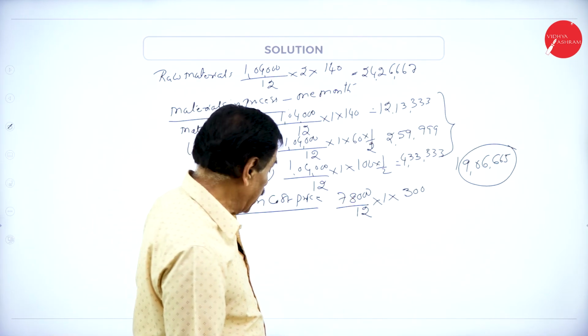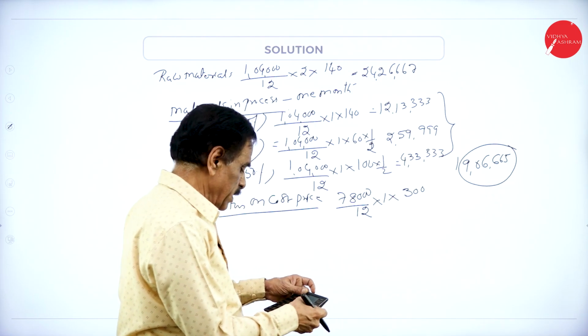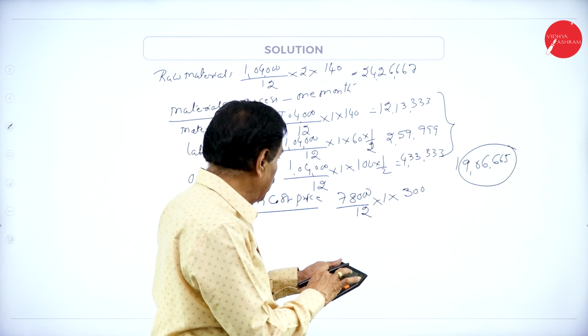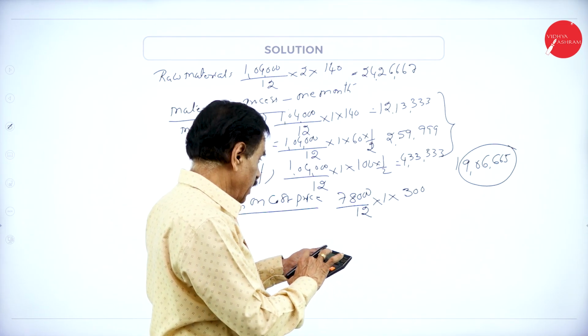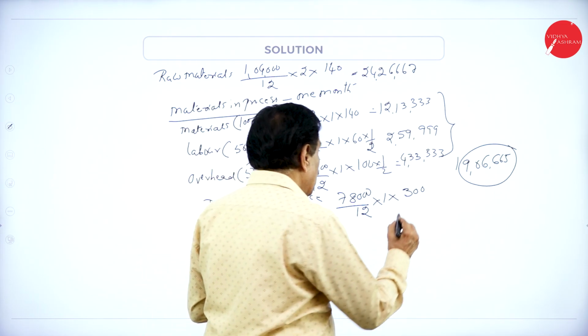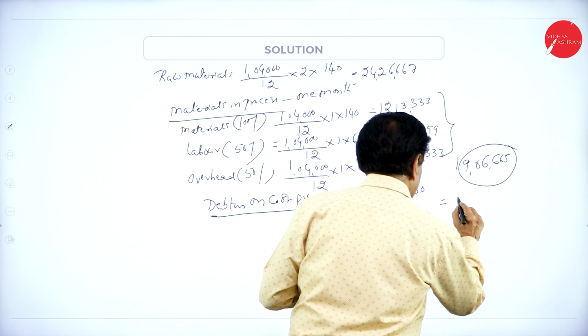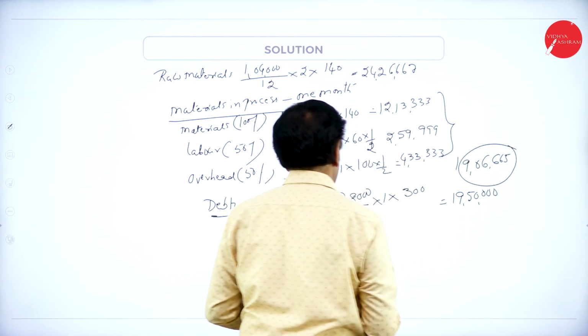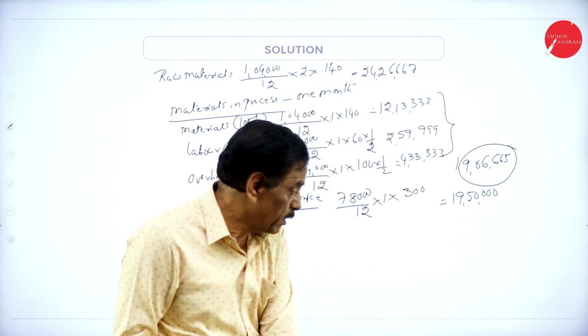For per month he has to pay how much? 300 rupees. So 78,000 divided by 12 into 300. So 19,50,000.